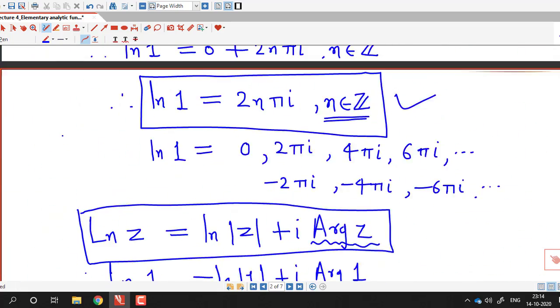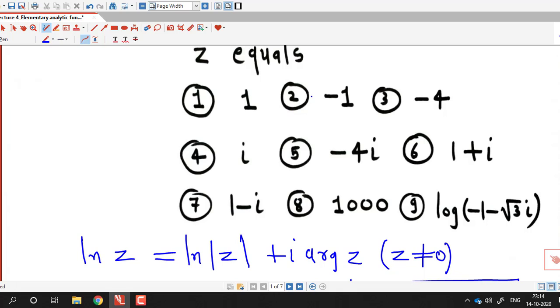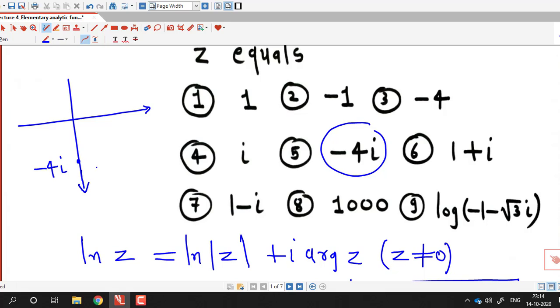Similarly, you can find the logarithm of minus 4i. This I am not doing. Minus 4i will be somewhere on the negative y-axis, so you will require its argument. We have to measure the angle made by this vector with the positive x-axis.